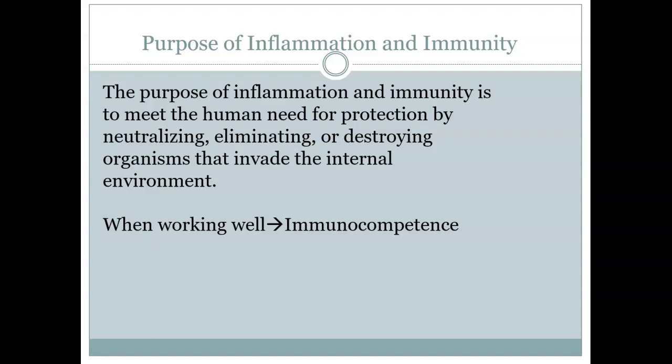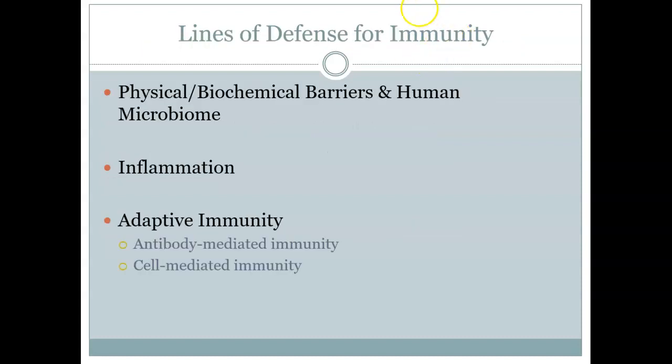When the immune system is working well and they are healthy, then they are immunocompetent, or they have immunocompetence. We have lines of defense for our immunity. Our bodies are structured in such a way that we have physical and biochemical barriers to infection. Inflammation is one of those.